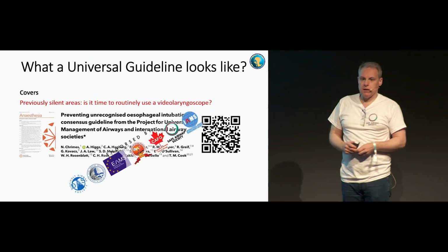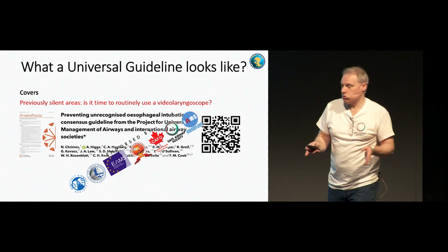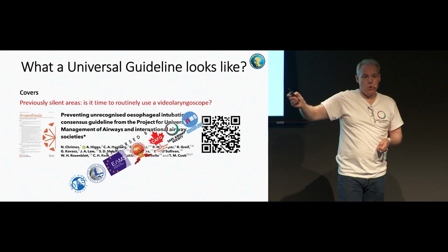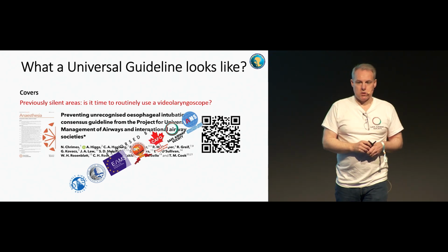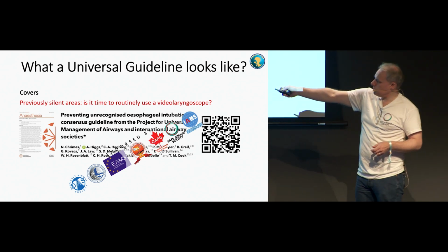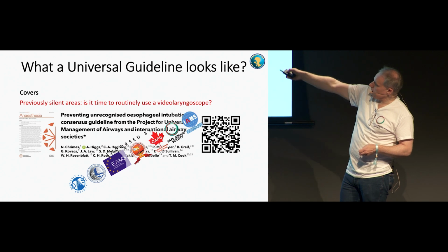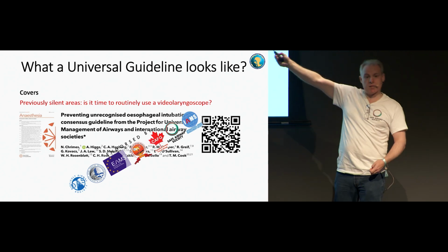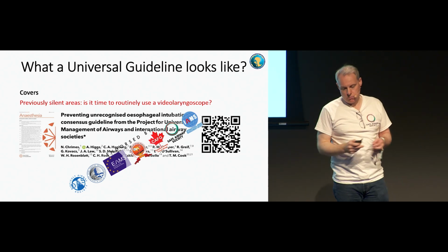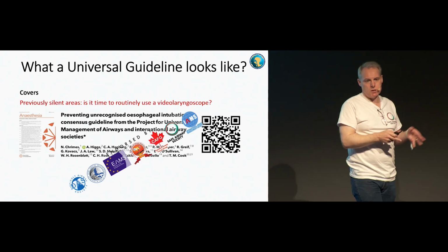But importantly, because of the universal nature of the endeavour we are engaged in, we have got endorsement from all of the world's major airway societies. Okay? UK and DAS, UK and Ireland, SAM, US, EAMS, EU, or India, Canadian Airway Focus Group, SAS, New Zealand, and IAMS, which is run out of Philadelphia but is largely a Chinese organisation.